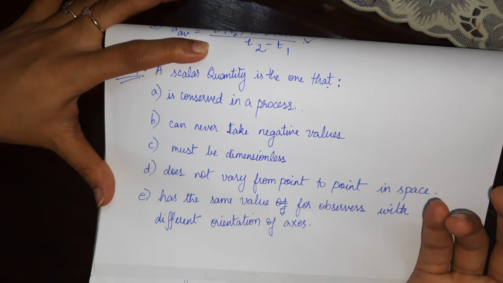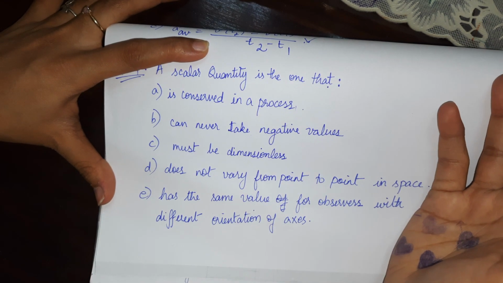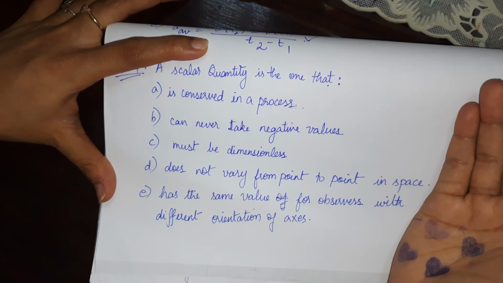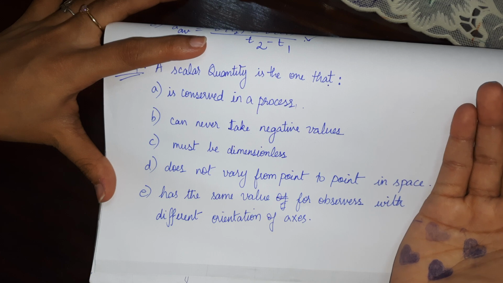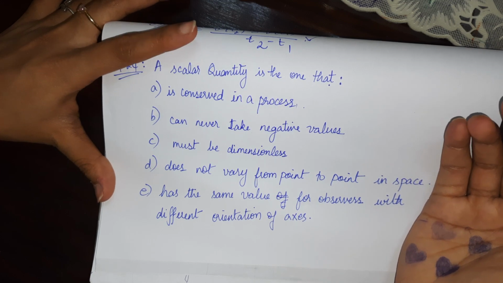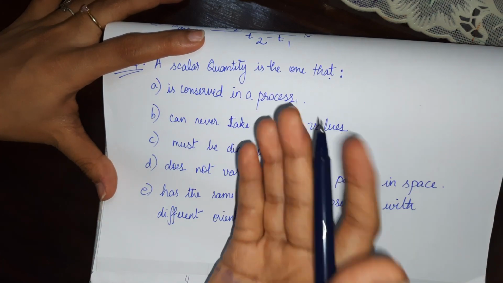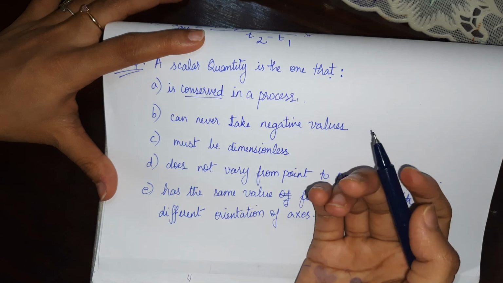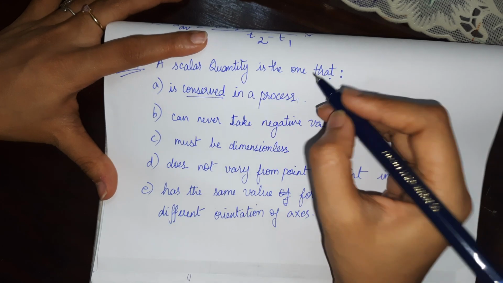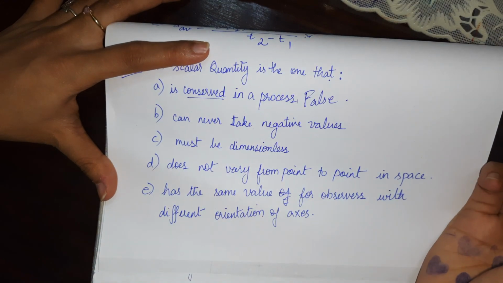So definitely it's not true. Because there are so many examples where the scalar value is not conserved, for example temperature, kinetic energy. Sometimes kinetic energy is not conserved, as in an inelastic collision. And in the same way there are so many vectors that are conserved. So based on conservation alone, you cannot say that a quantity is a vector or a scalar. So this is false.